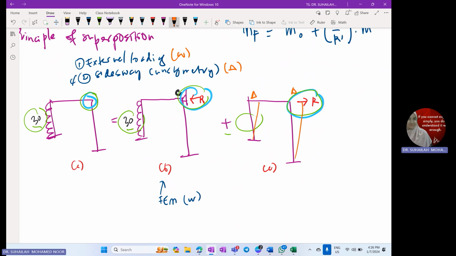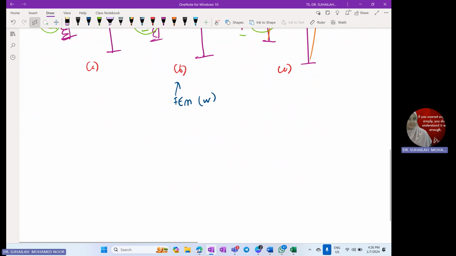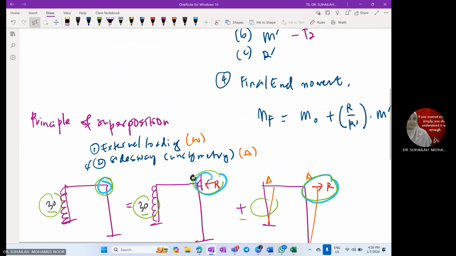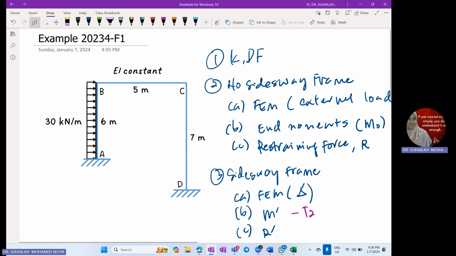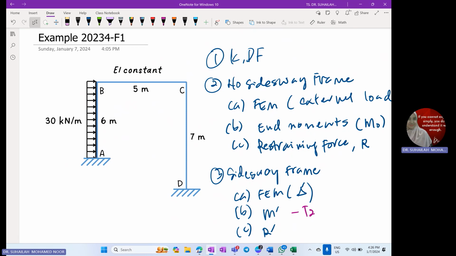Okay, the idea. We will start with, I skip the first step, K and distribution factor, because we will calculate the distribution factor directly in the table.